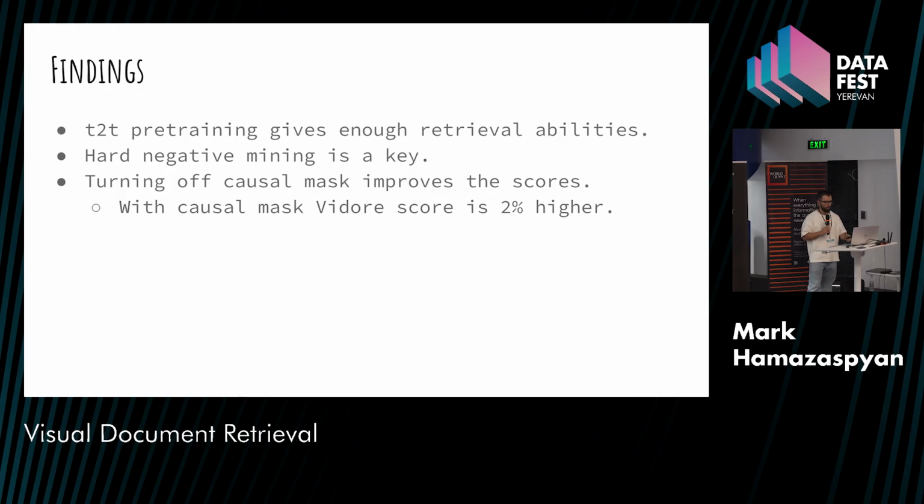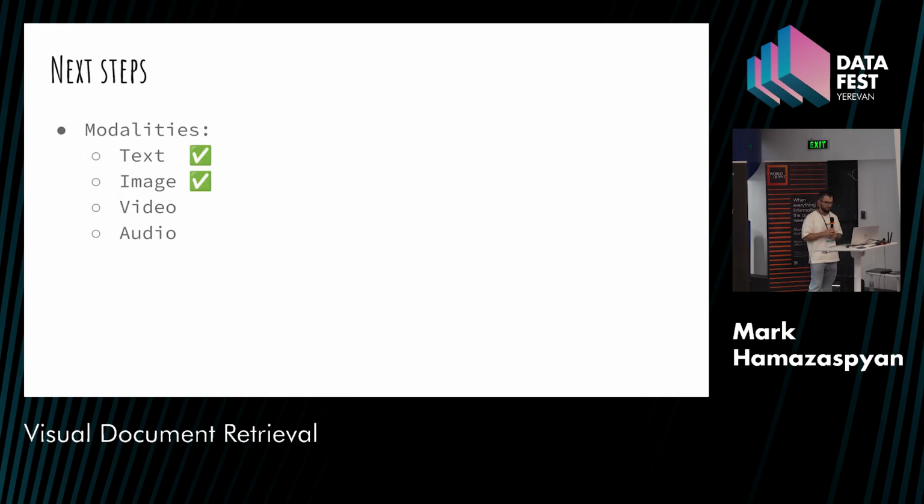Basically, this is all of it. We also have checks for text and image modalities. The next stage of our research is to broaden it to other modalities like video and audio.